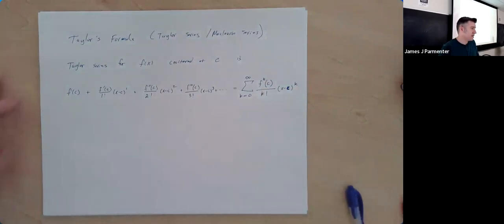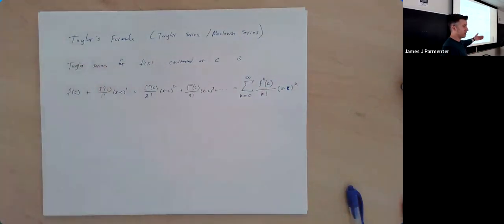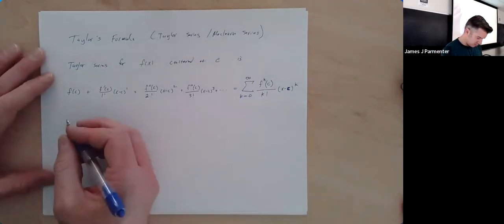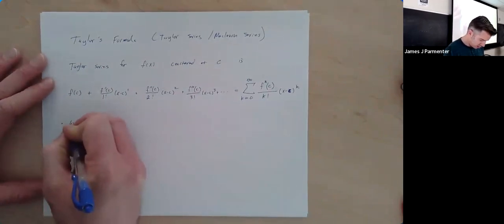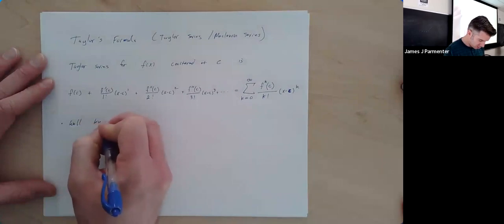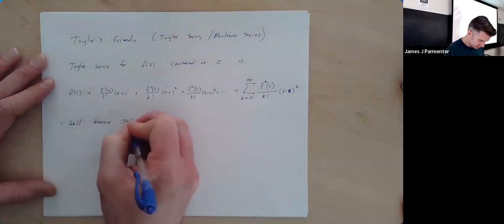And if it's Maclaurin, c is equal to 0. There are lots of very well-known Taylor series expansions. I think your professors already talked about a few of them in class, but let's revisit them. So, some well-known Taylor series.